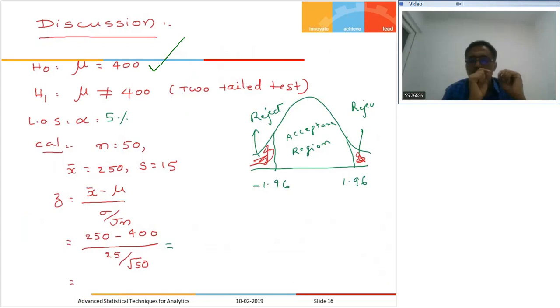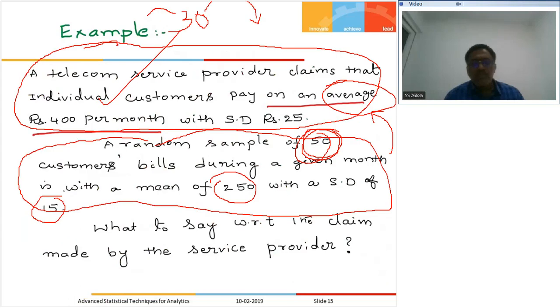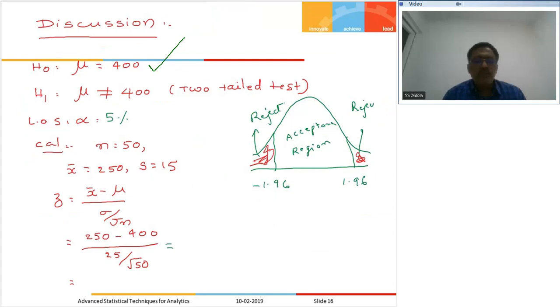Now if you see this problem, what is the null hypothesis? Average is 400 rupees per month. That means this average is the mean of the population. Generally, the assumption is with respect to the population only. So mean equal to 400.